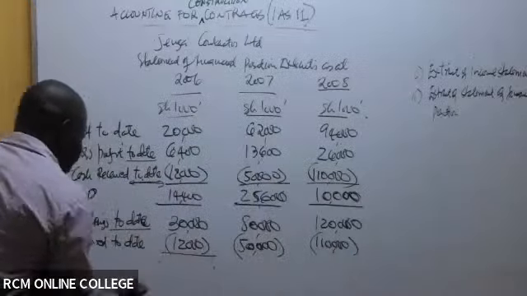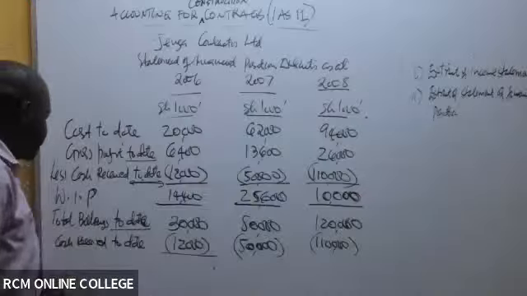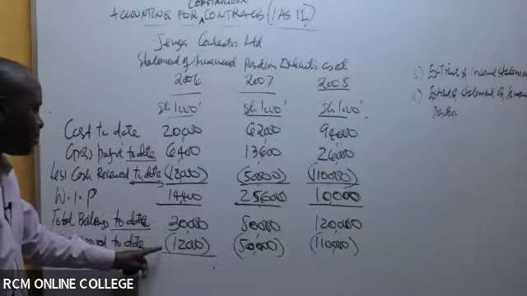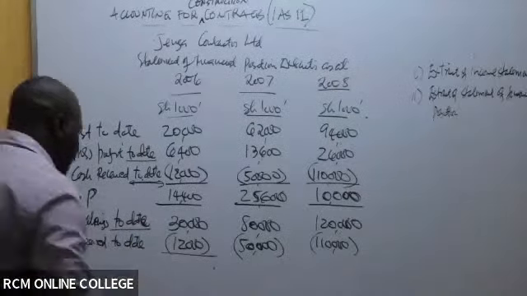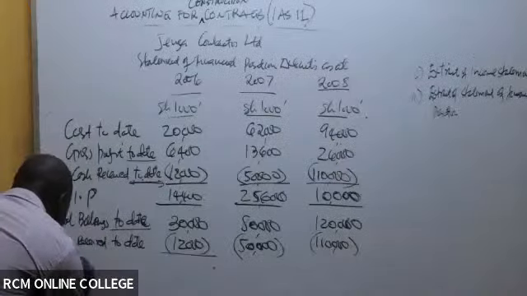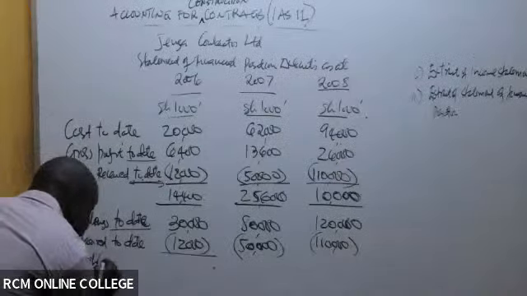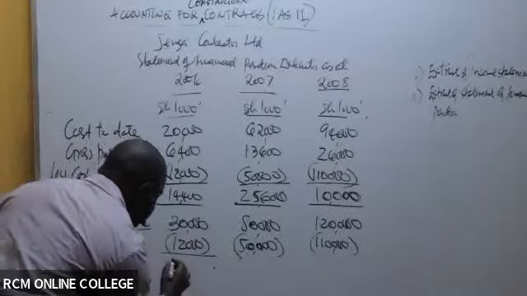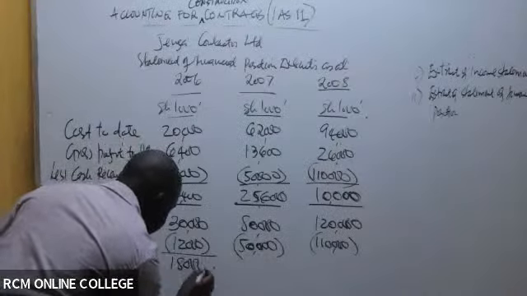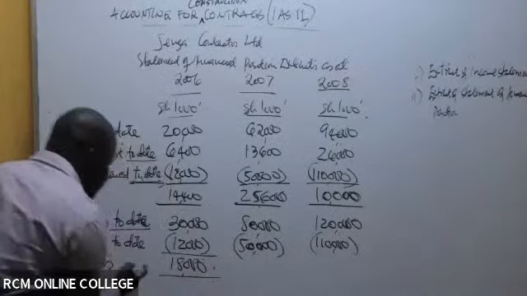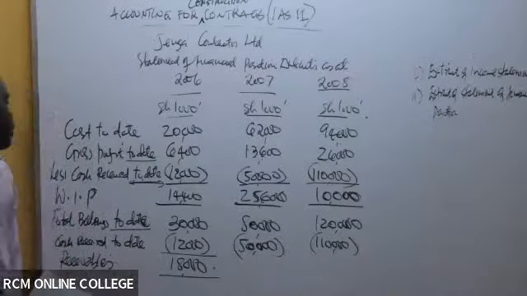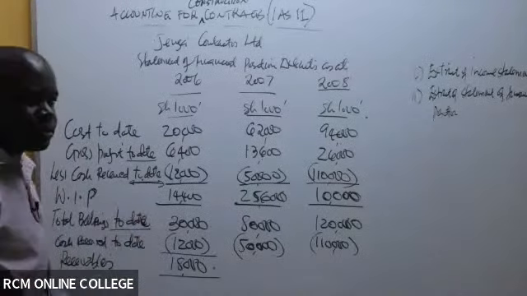With the difference, I told you, if it happens that you've billed the client and he has paid you less, that is a receivable. So in this case, we can get our receivables or payables, and all of them are coming out as receivables. This one is 18 million. What you are claiming from the client, which he has not paid, is your receivable. The person you claim from is a debtor, so it is a receivable.